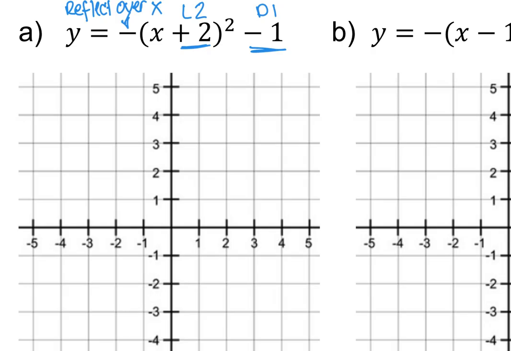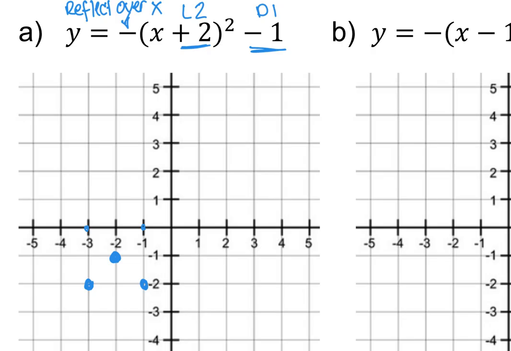Okay, so let's move our vertex down 1 to the left 2. There's our vertex. And then our points are to reflect over x. Normally our next 2 points would go up right here, but it wants us to reflect over x, so we're actually going to take them down 1 over 1.